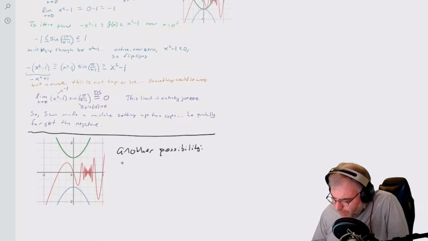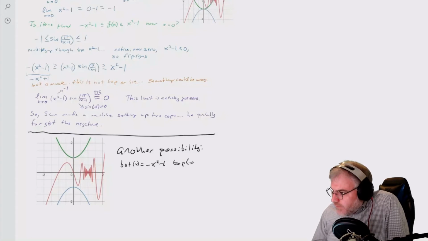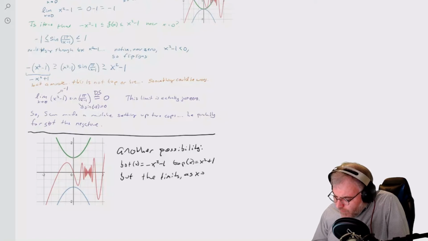So bot of x equaled negative x squared minus 1, top of x equaled x squared plus 1, but the limits as x goes to 0 are not the same. All right.